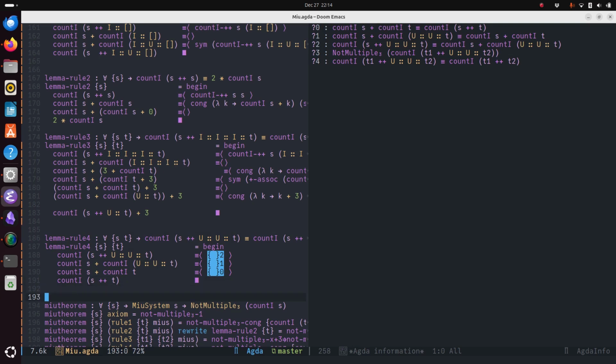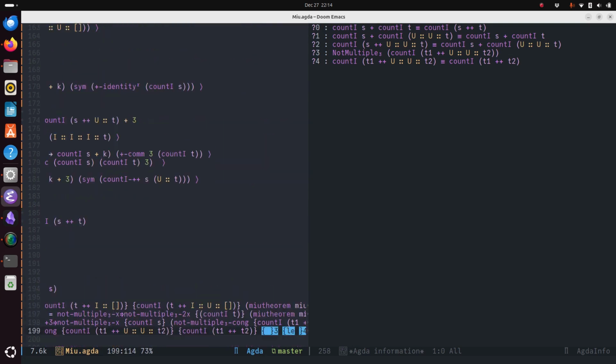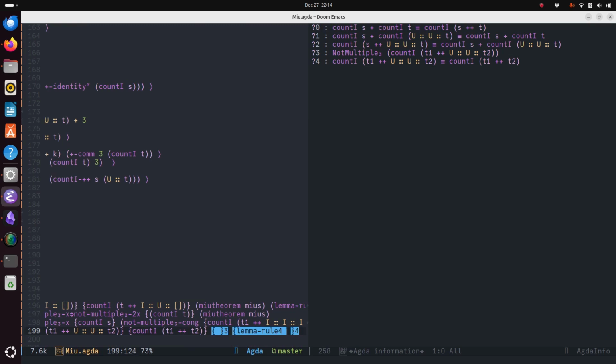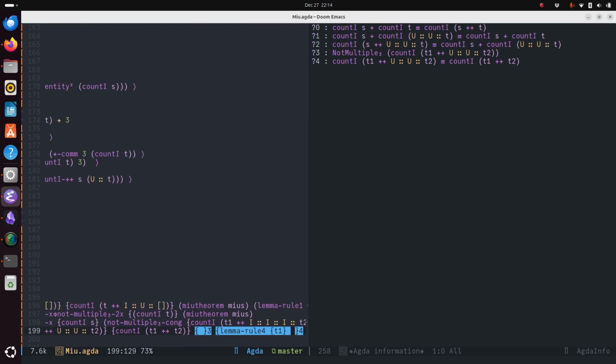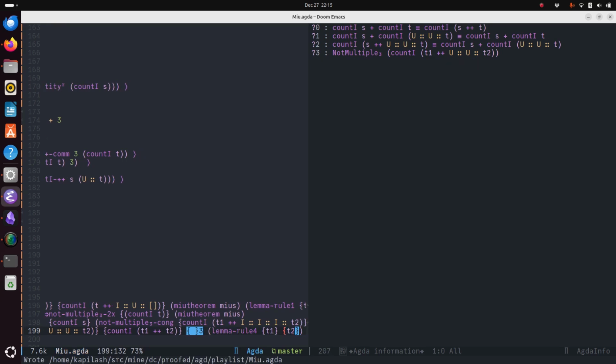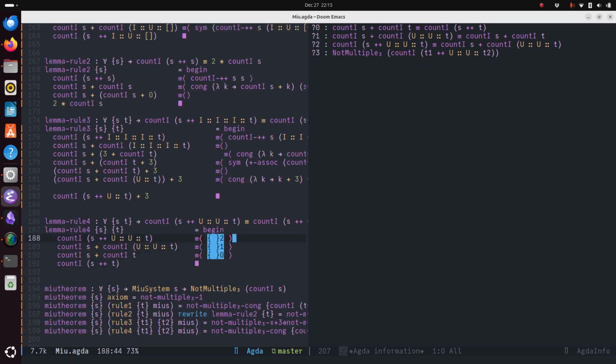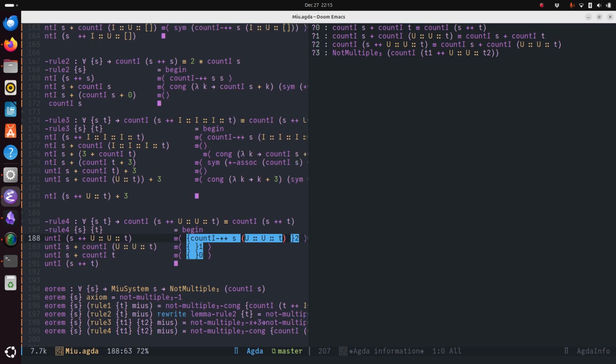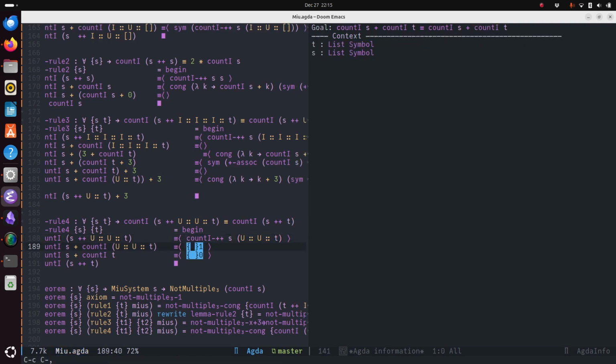Right. If we have this lemma of rule 4, now we can fill this guy here. Now this we know, this is count I. This should be straightforward.